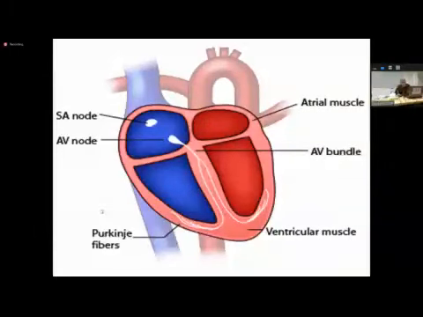The bundle of His, its left branch and right branch, and finally the Purkinje fibers. I again repeat the names: sinoatrial node, SA node, internodal pathway, interatrial pathway, AV node, bundle of His and its left and right branches, and Purkinje fibers.